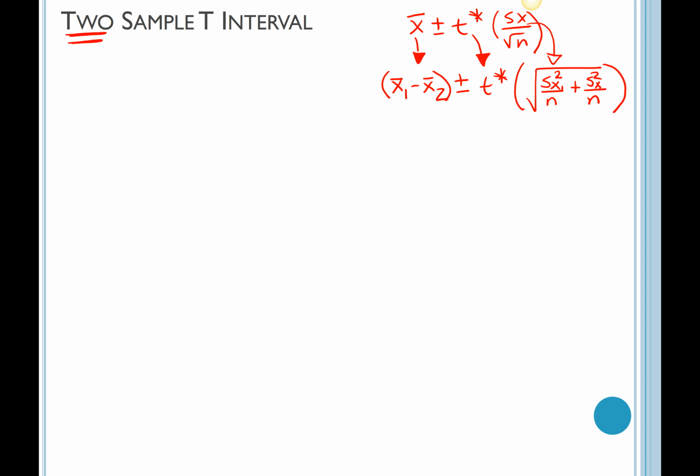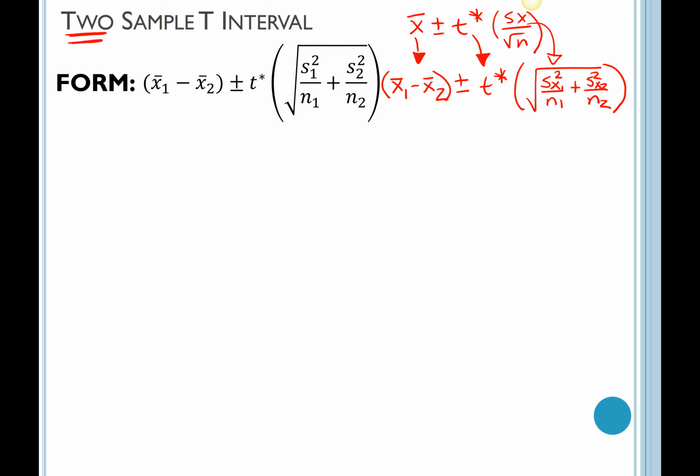We do need to notate the first ones with a 1, and the second ones with a 2. I know there's a lot of notation going on there, but it should make sense that this is the form you're going to get. Very, very similar there.